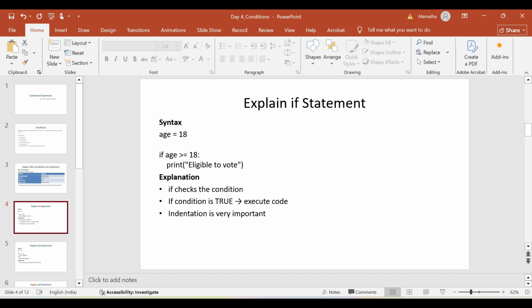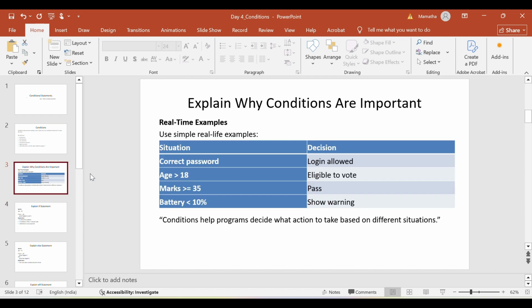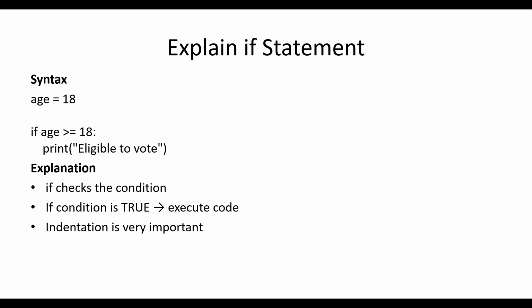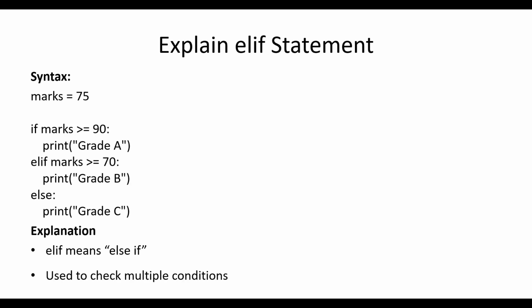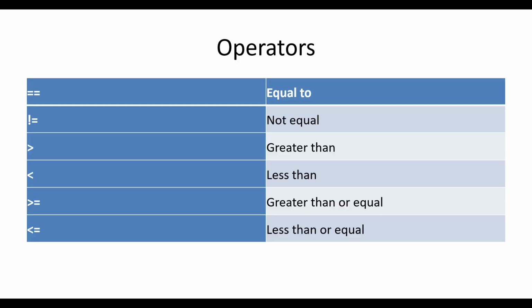Okay, let us quickly revise the concepts that we had discussed. We discussed today the different conditional statements like the if statement. We had practiced a simple program on that. And the else statement, it will run when the condition becomes false. And the if else statement, we'll be using when we have multiple conditions to validate.